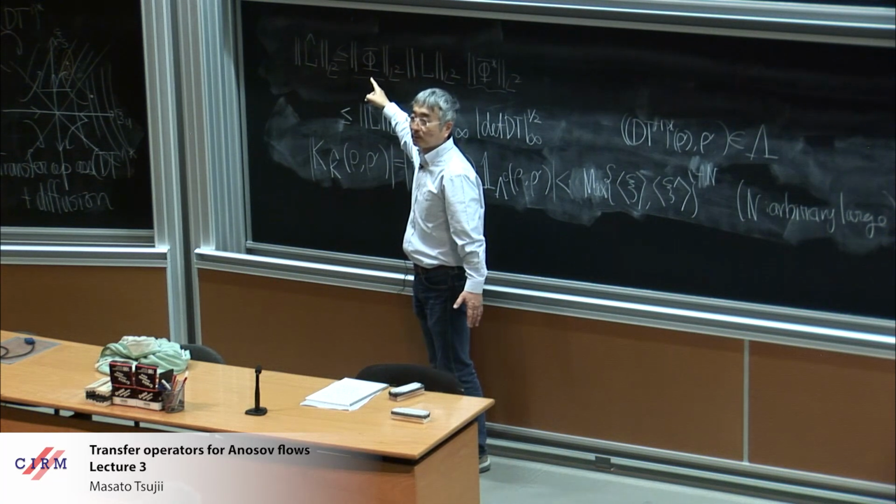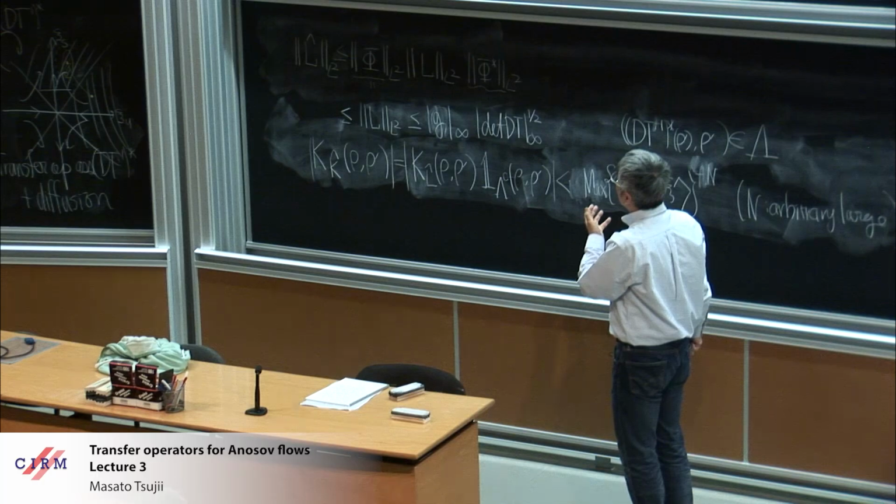This is an isometric embedding. So let me ask the question differently. If I take G equals 1 over the Jacobian, then is the spectral radius of the operator on this Hilbert space going to be 1? No, the spectral radius is different. It's not the usual spectral radius.